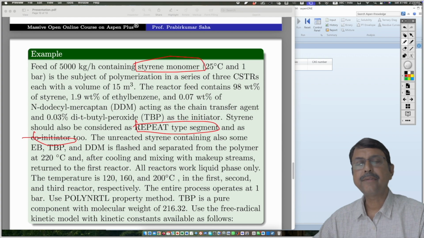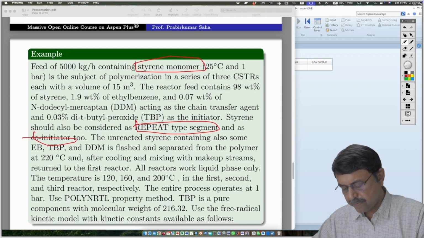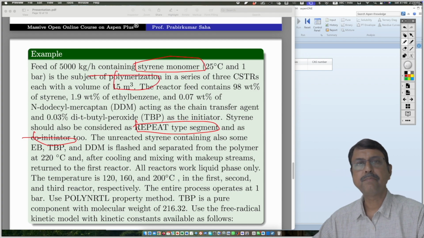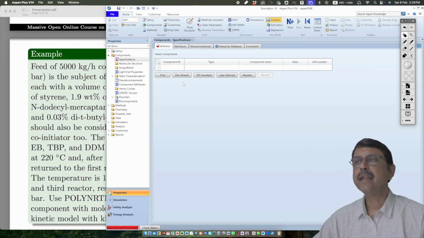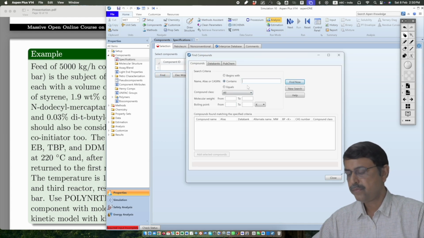So 3 times styrene comes as styrene itself. And we also have polystyrene, because styrene is polymerized. So what we will do, we will look for styrene and then we shall call them 4 times.